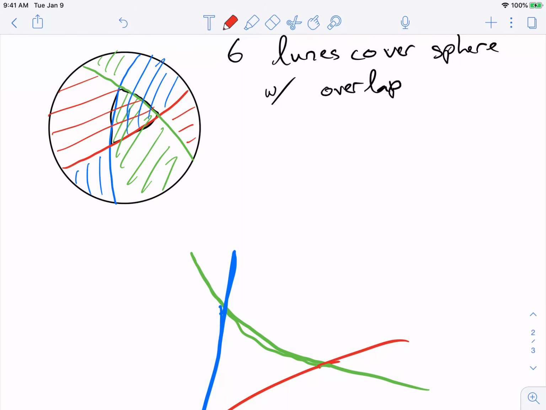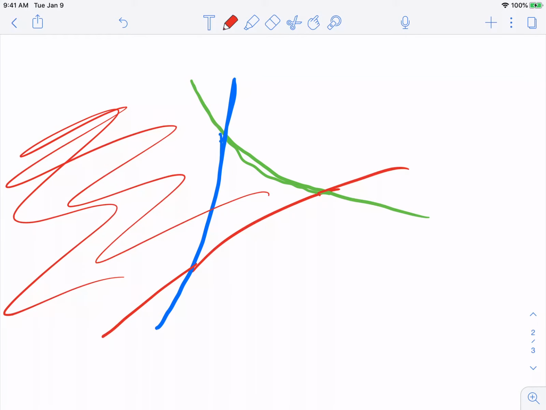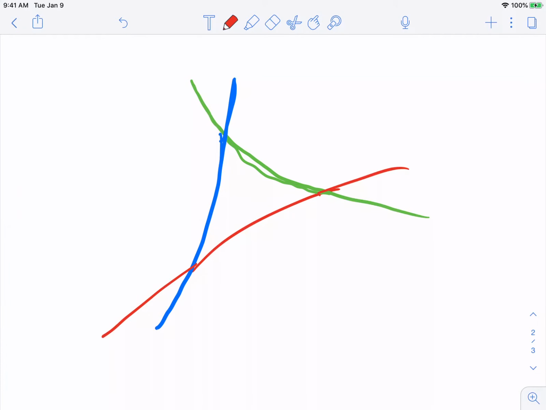Okay. So I could do that here, but of course if I just look at everything here, it's going to be infinite, because the area of the hyperbolic plane itself is infinite. So instead of that, I'm going to choose a geodesic, which is asymptotic to the green and the red, and I'm going to use that as kind of the replacement for my lune. Okay?